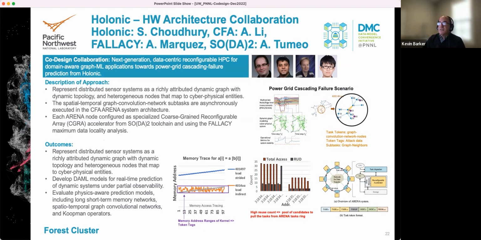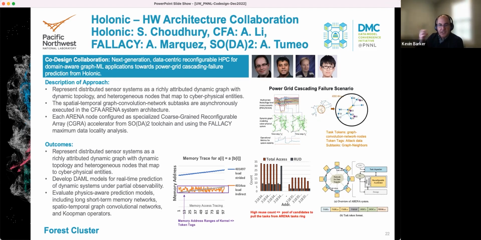Here we bring together the Holonic project, led by Soutine, the CFA project, led by Ong Lee, the SOTA squared project, led by Antonino, as well as a fourth project that I didn't dive into called Fallacy, which is led by Andres Marquez, in order to develop next generation data-centric reconfigurable HPC for domain-aware graph ML applications, targeting a power grid cascading failure challenge problem.